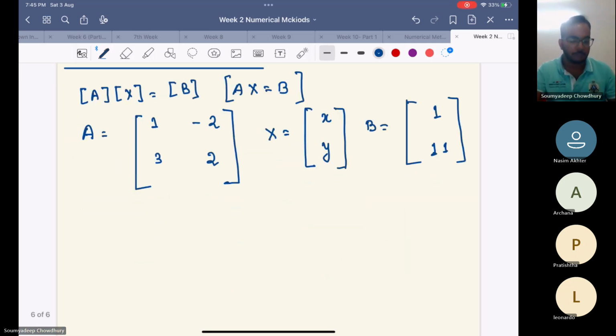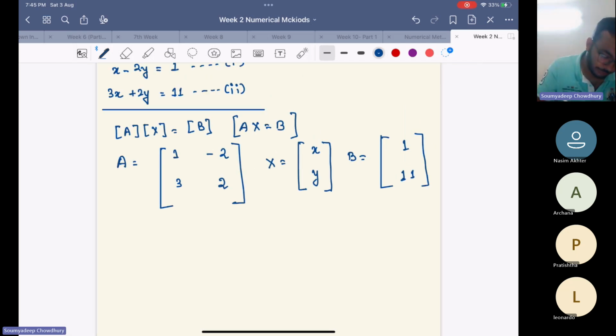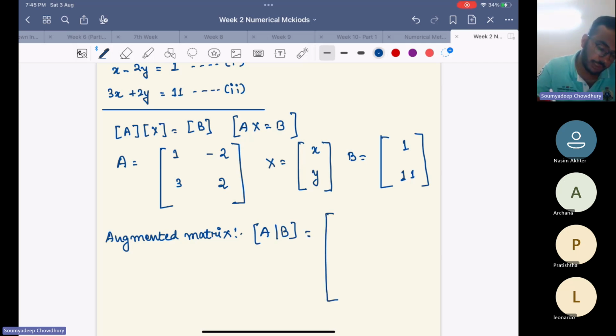Okay. So now we have another term, which we will see very shortly, which is known as the augmented matrix. So what is the augmented matrix? We write it like this, A slash B. Basically we combine A and B here: 1, -2, 3, and 2, right? Then we put a dotted line here, then we write 1 and 11.